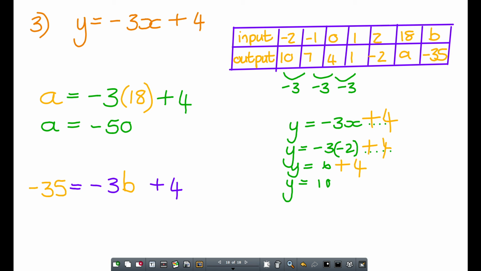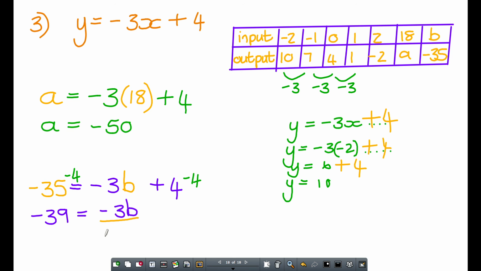Now, we have got to simplify. I've got to get that B alone, so I've got to get rid of the plus 4. So I'm going to say minus 4. But if I do it that side, I must also do it on this side. So that means that minus 35 minus 4 is going to give me minus 39 is equal to minus 3b, because that plus 4 minus 4 is going to give me 0. Now, I've got to get rid of that minus 3, the coefficient.